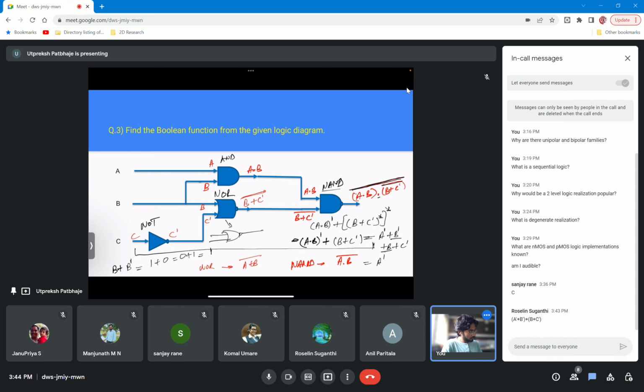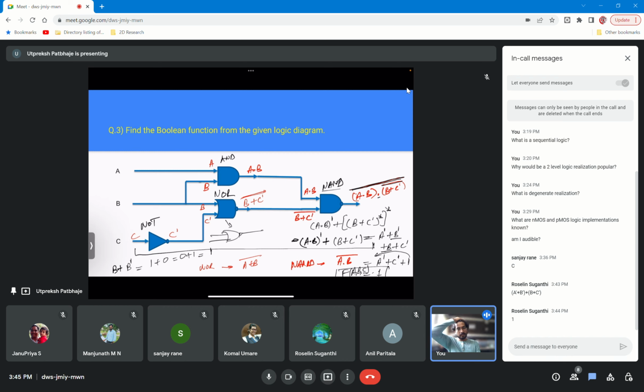So A complemented plus C complemented plus 1 you are getting, and this 1 will make everything true. So the output will actually always be 1 for this function we have written. For this F of A, B, C, we'll be getting 1. Yeah, you also wrote the same thing. So what we'll be getting is 1 if we simplify this.